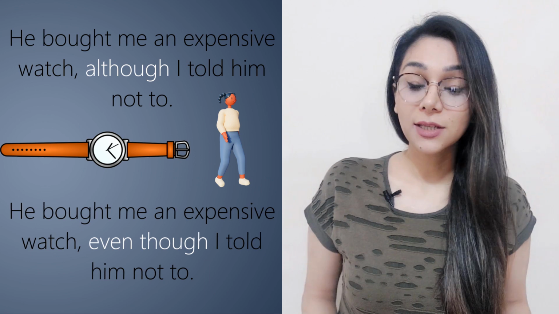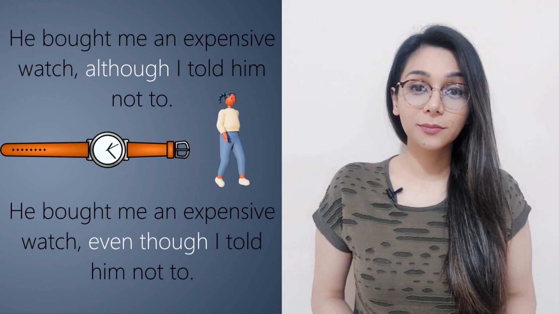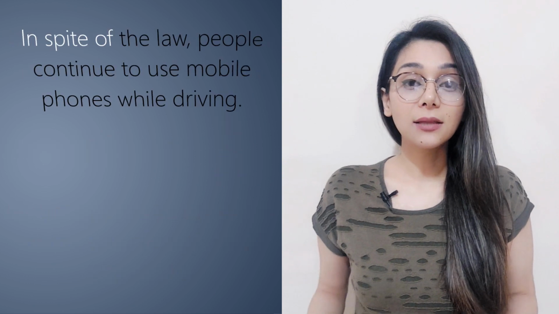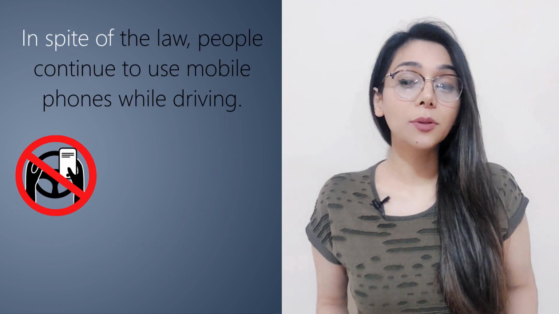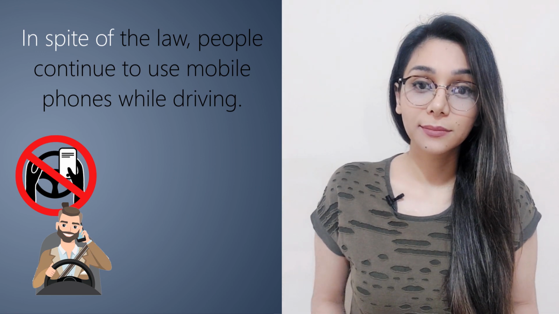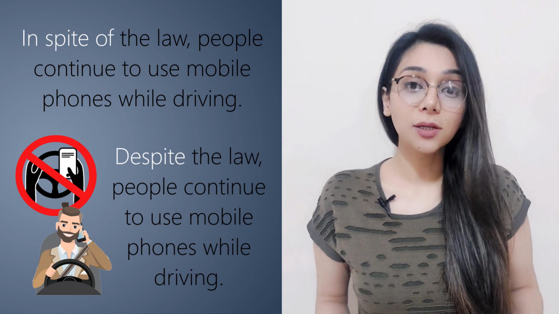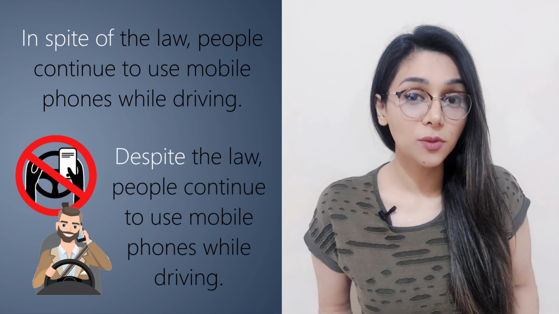He bought me an expensive watch, even though I told him not to. In spite of the law, people continue to use mobile phones while driving. Despite the law, people continue to use mobile phones while driving.